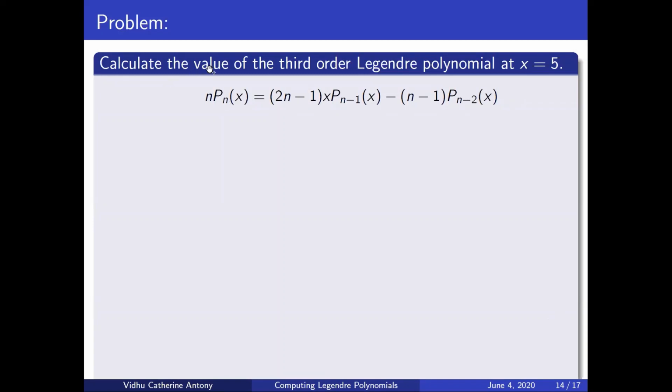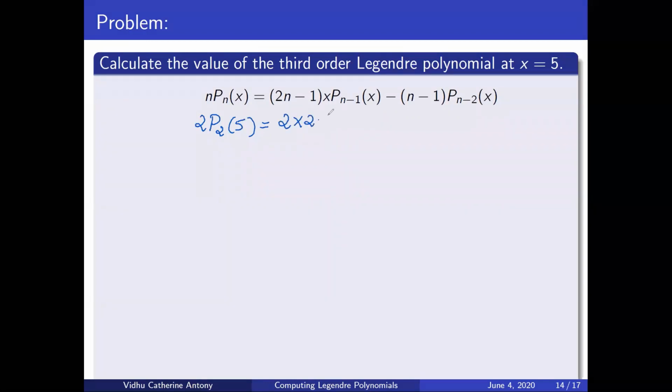So I'll just calculate it because I did not do P2 of 5 for you explicitly. So 2 P2 of 5 is equal to 2 into 2 minus 1, P1 of x, minus 2 minus 1, so that's 1, P0 of x, which is 1.